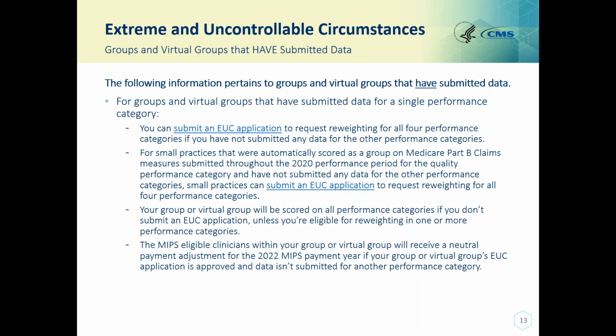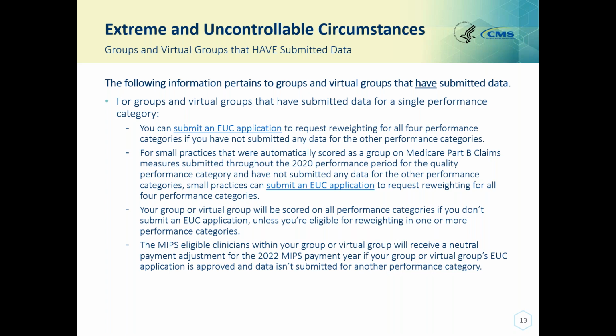For groups and virtual groups that have submitted data for 1 performance category, you can submit an Extreme and Uncontrollable Circumstances application to request a reweighting of all performance categories as long as data has not been submitted for other performance categories. For groups and virtual groups that have submitted data for 1 performance category, you'll be scored on all performance categories if an Extreme and Uncontrollable Circumstances application is not submitted, unless you are eligible for reweighting in 1 or more performance categories.